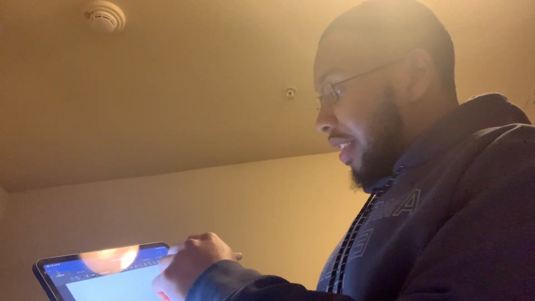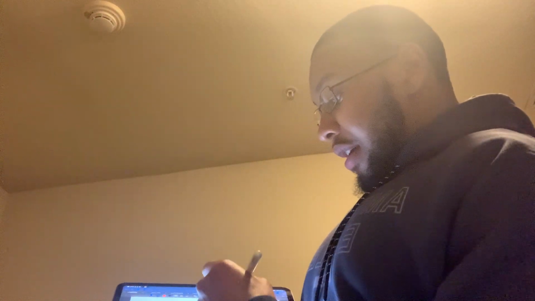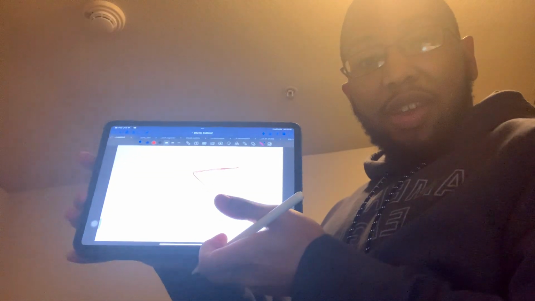I'm going to go to the next page. So this right here, we're going to have different signs. Inequalities entail different signs like this, right? We have the greater than sign right here.